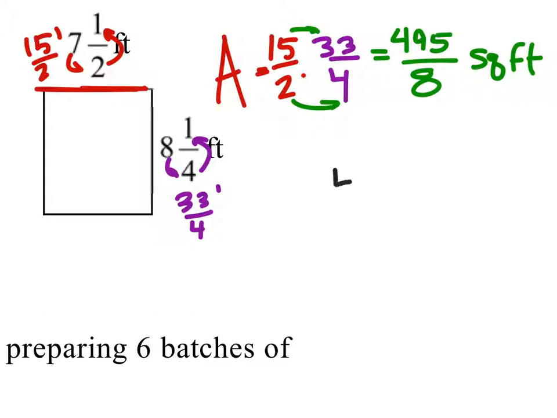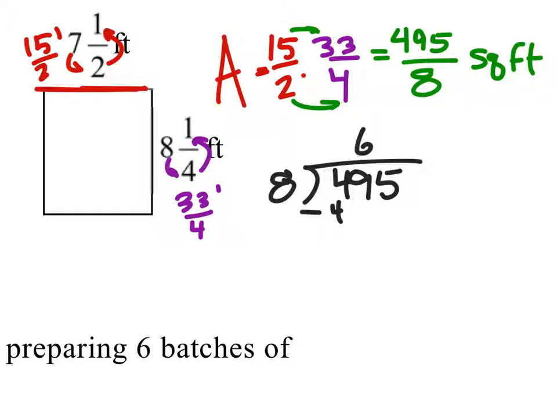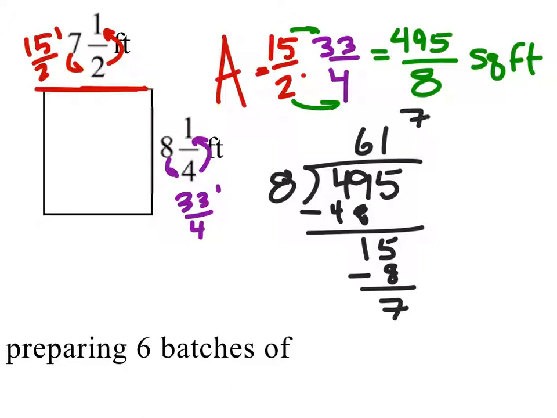So I got 495 divided by 8. 8 will go into 49, let's see, 6 times. So minus the 48 gives us a remainder of 15 there, and 8 will go into 15 once, and that leaves us with 7. So this will be 61 and 7/8 square feet, or feet squared, and that would be my answer right there.